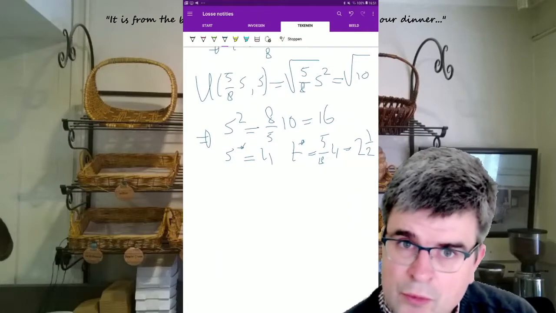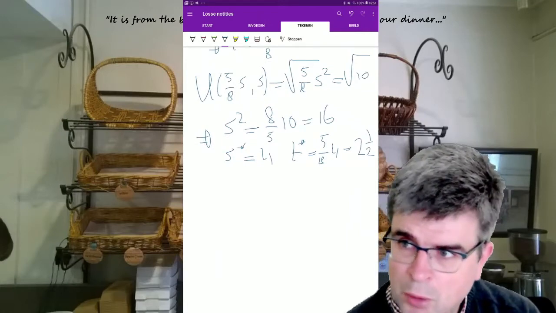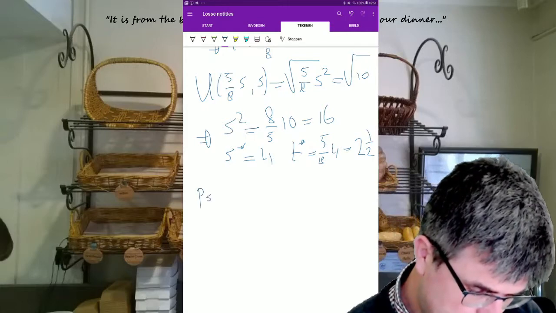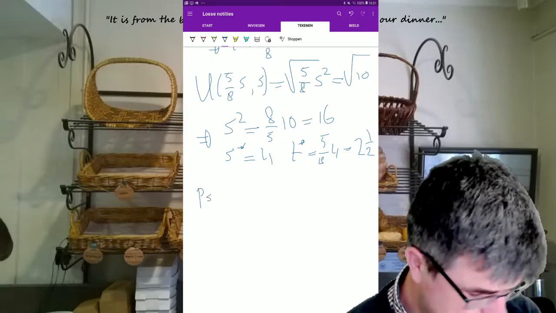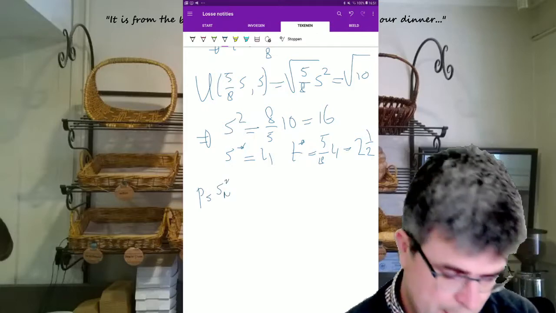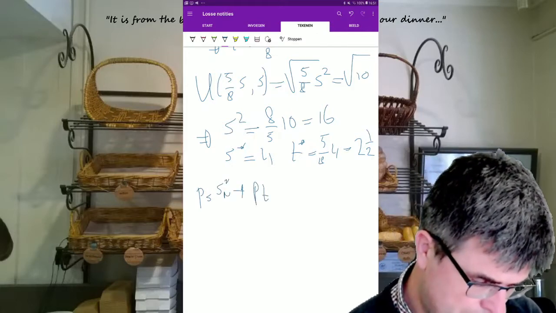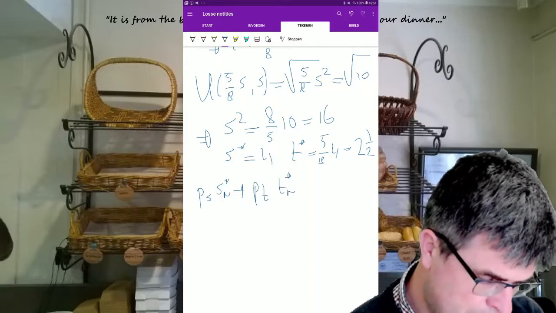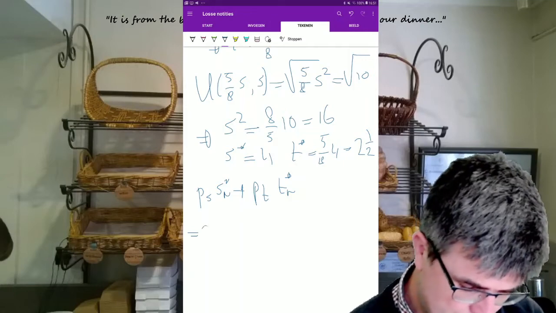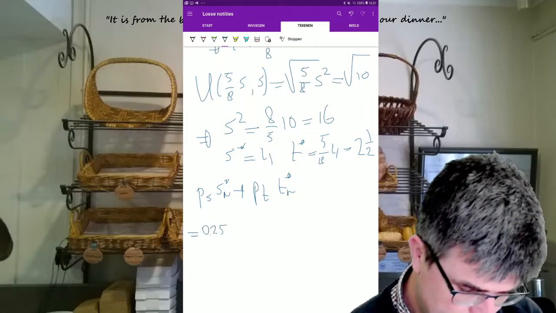Now, what does it mean for the amount of money that Paul needs to have? Well, in the new situation, it is the price of soda times the new amount of sodas consumed in equilibrium, plus the price of Twinkies and the new number of Twinkies consumed. The price of soda remains at 0.25.